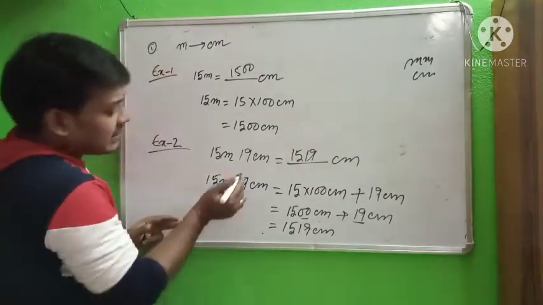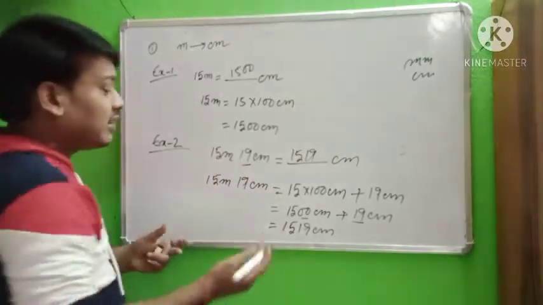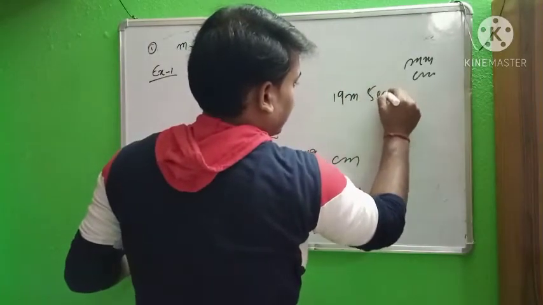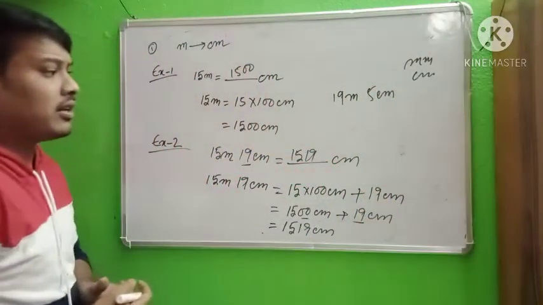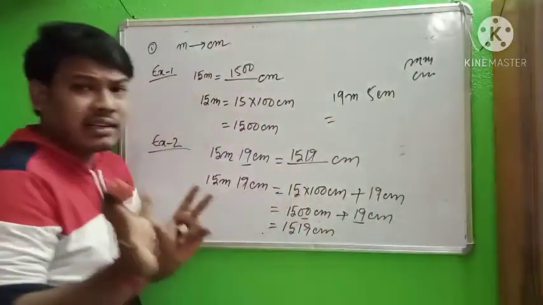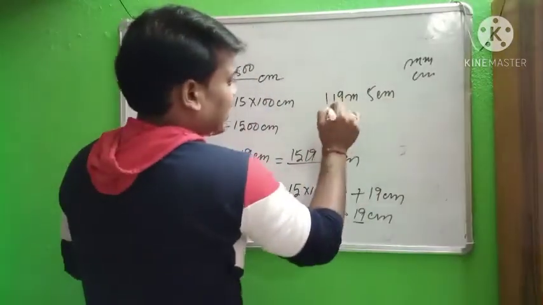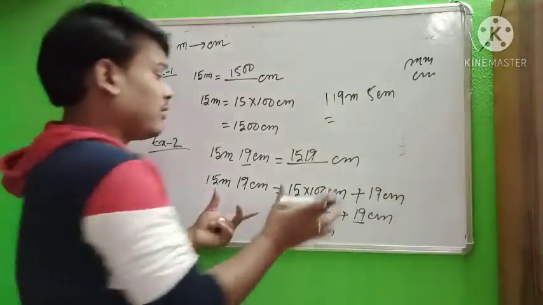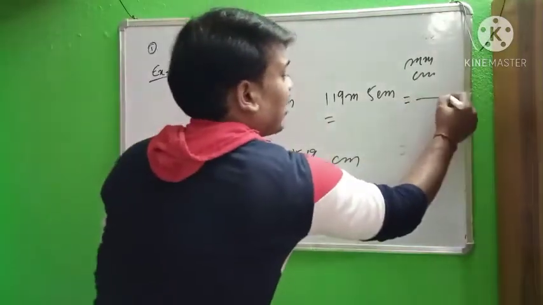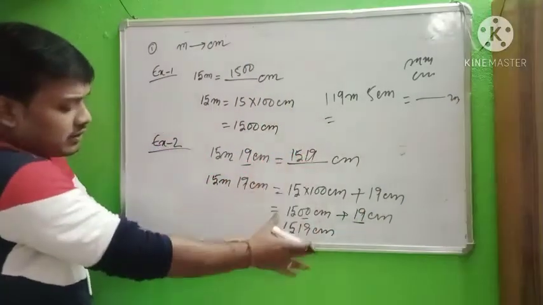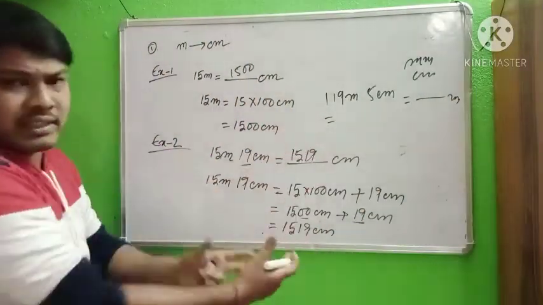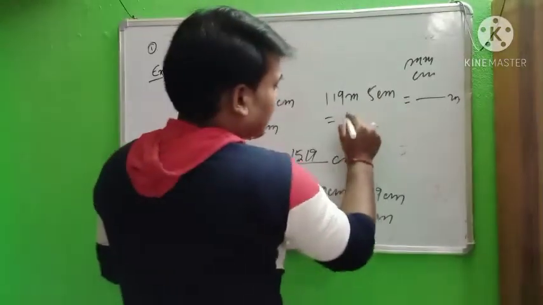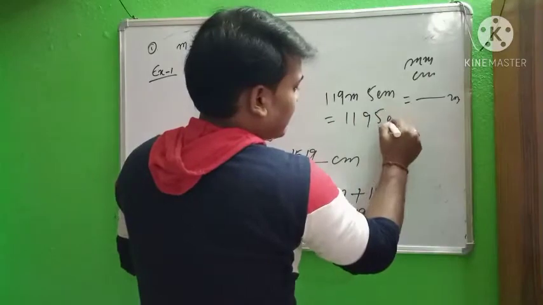And one thing: when we convert directly to centimeter, for example 19 meter 5 centimeter equal to how many centimeter? If we find the value by process, then no problem. But if we write the answer directly, how many centimeter? 1195 centimeter?